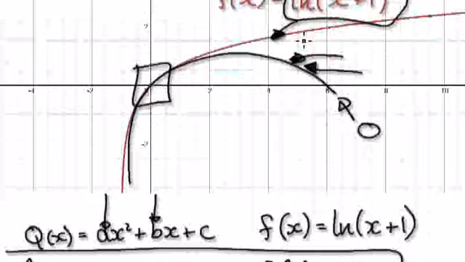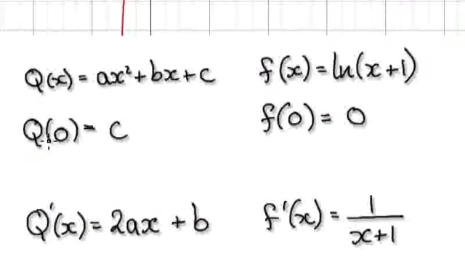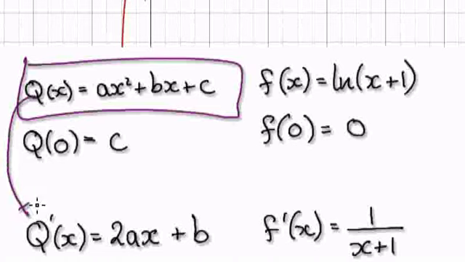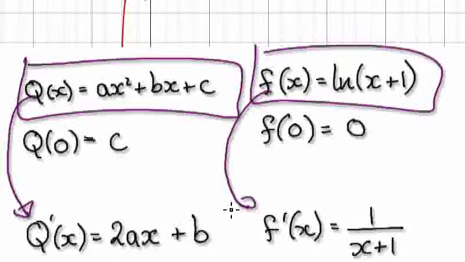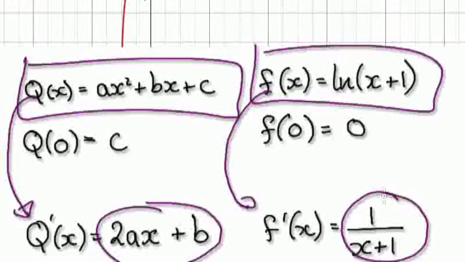So the trick is to start out with this, and then differentiate it. That will give you this, and then differentiate this, that will give you this. We want the gradient.